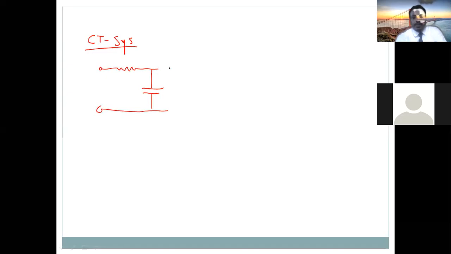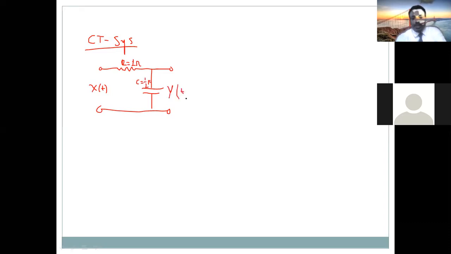So the input x of t, we use t for continuous time, right? Time is continuous here. So let's say we have a 1 ohm resistor, and we connect a 1/2 farad capacitor. Okay, so this will be output y of t.